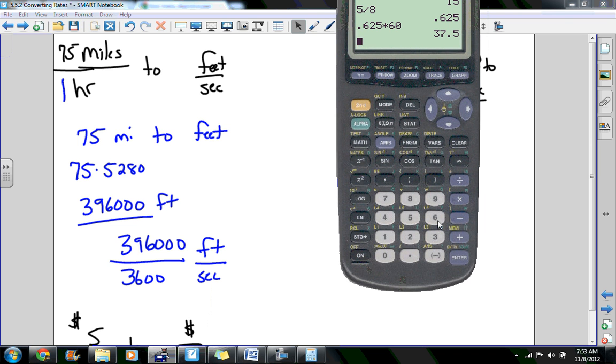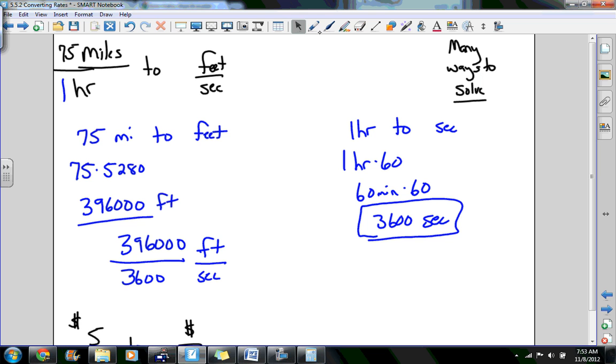Well, we could divide by 100 on both, or we can just do this. Well, just 110. So that means that we have 110 feet per 1 second. Or you can just do it 110 feet per second. Same thing. Okay, so just convert them each individually is the lesson here.